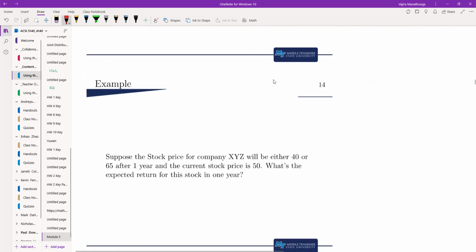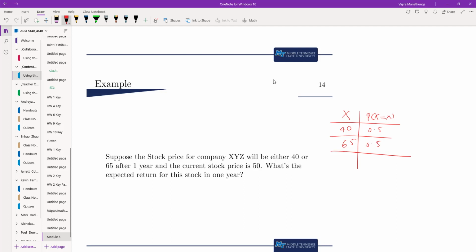Here you can see a question where the stock price of company XYZ will be either 40 or 65. So instead of 0, 1, now we have two values. It can be either 40 or 65. The probability is, I think, 50%, so 0.5, 0.5.